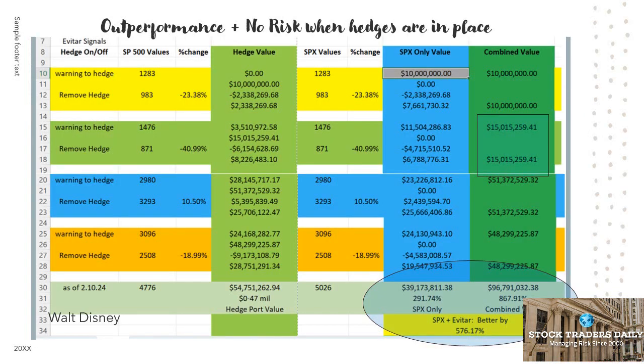And if you did it since 2000, you're beating the market by 576%, and you're doing it with lower volatility. You're doing it while being completely protected from market risk during market crashes. While everybody else is a little bit freaked out because you know how it gets, you're sleeping well at night.